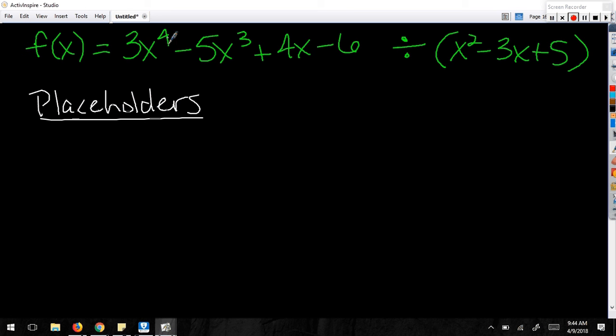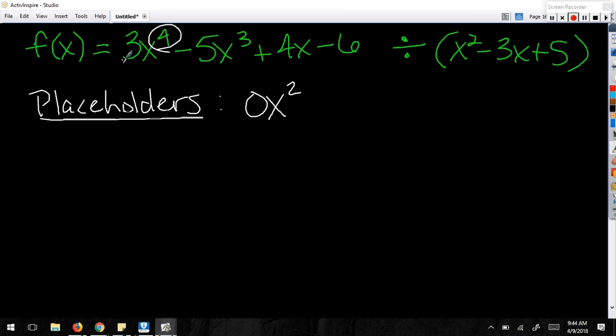So when you look, my biggest exponent is 4, yes? So I need to make sure I have every exponent down from 4. So I need to make sure that I have 4, 3, 2, 1, and a constant. What do you notice here that I'm missing? A 2, right? So I'm going to hold the place of that 2 with a 0x squared.